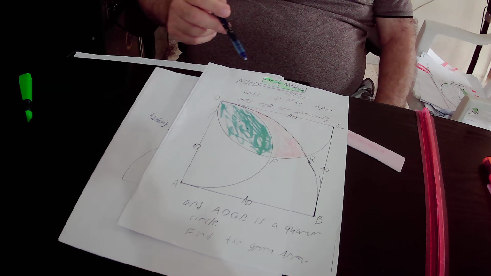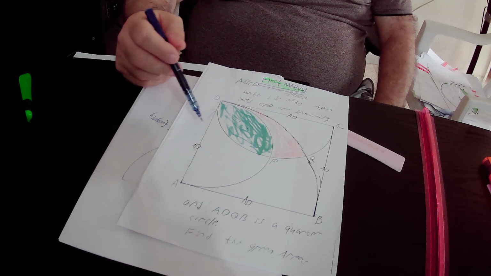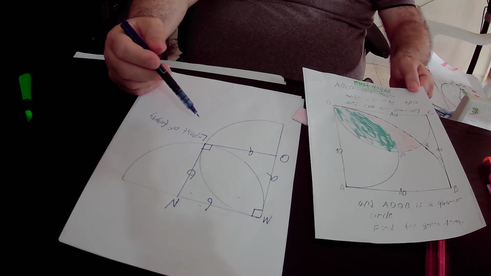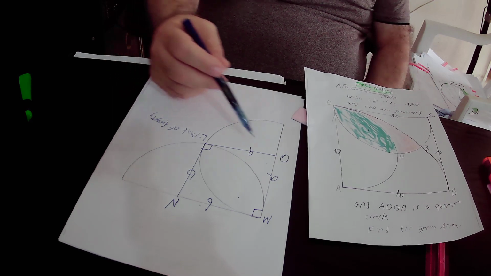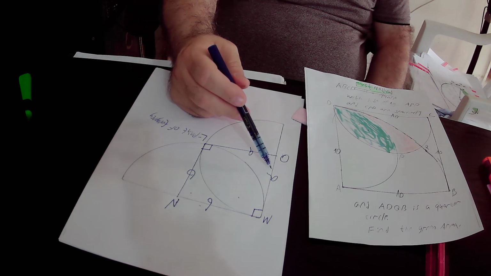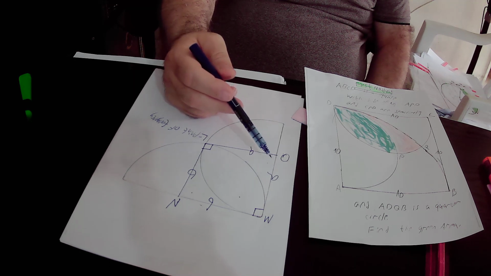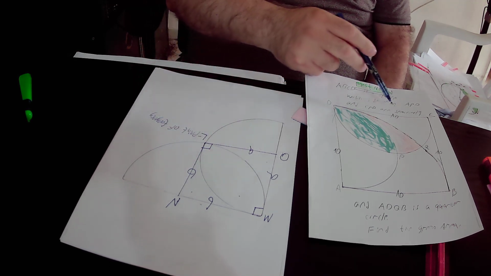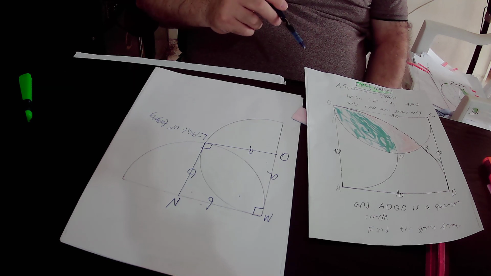And the radius of the big lens equals 10 units, but here A can be equal to 10 units, and here B can be equal to 5 units, that is the radius of the semicircle.